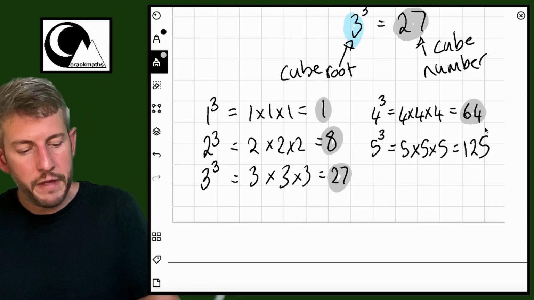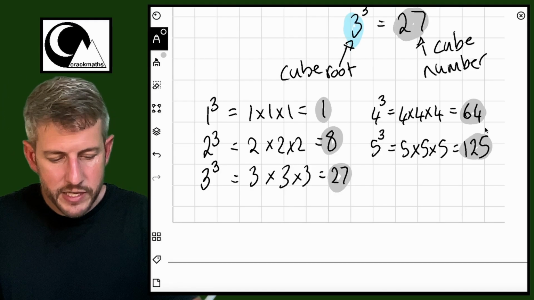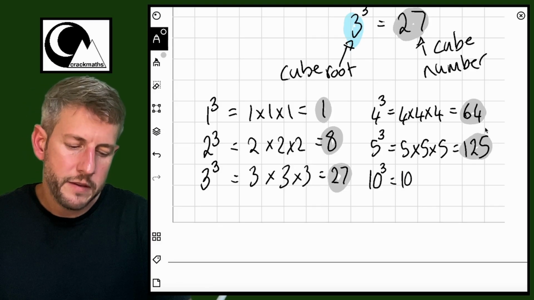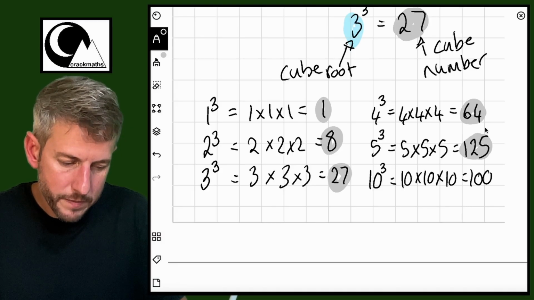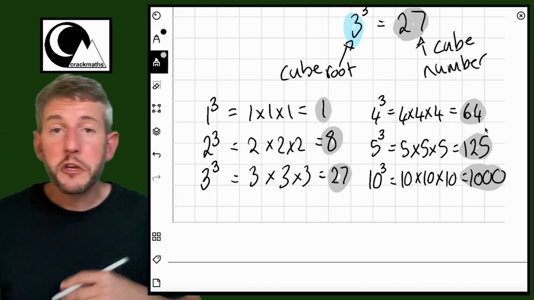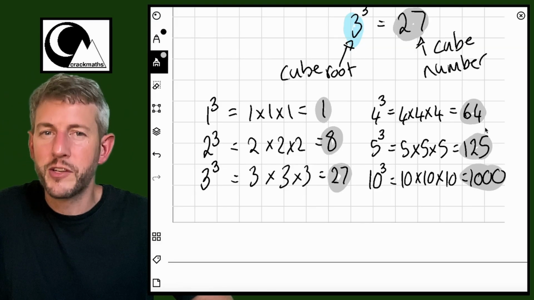And then the sixth cube number that we need to know comes from 10 cubed, which is 10 times 10 times 10, which is 1000. These are the cube numbers that you can be called upon to know in the non-calculator paper, and that they might just expect you to know.